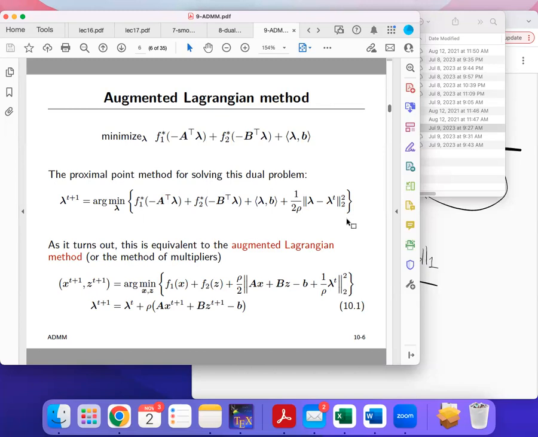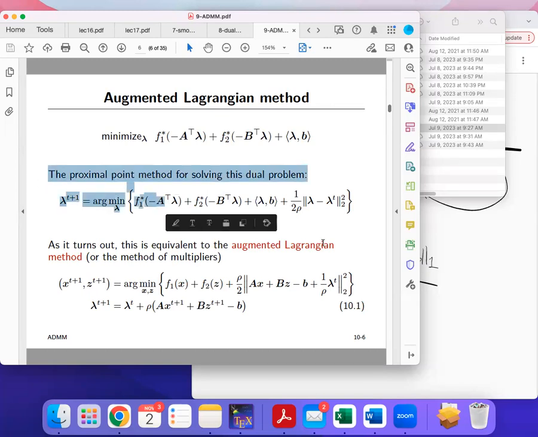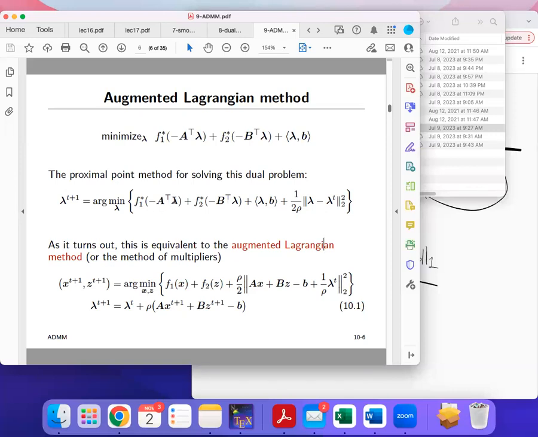And it turns out that this update rule, because it involves the conjugate form, we can rewrite more explicitly using the primal definition of the function.